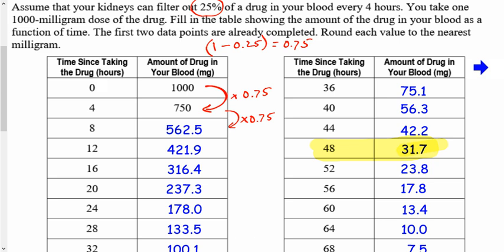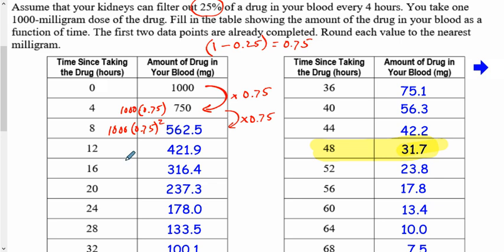Well, here, to begin with, this is 1,000. And this is 1,000 times, I'll do brackets, 0.75. And then this next value is whatever we had there times 0.75 again.